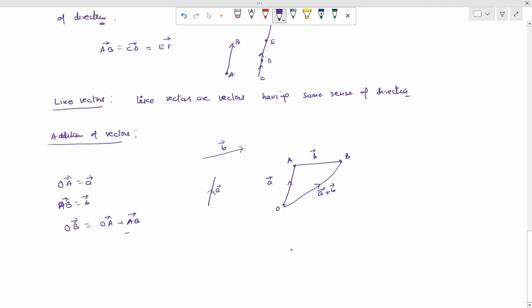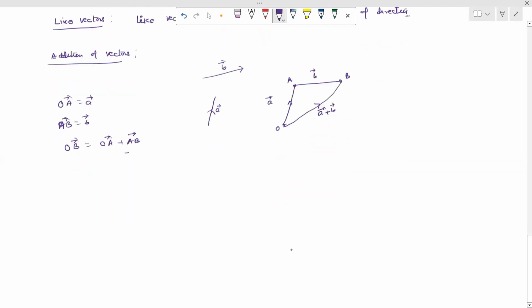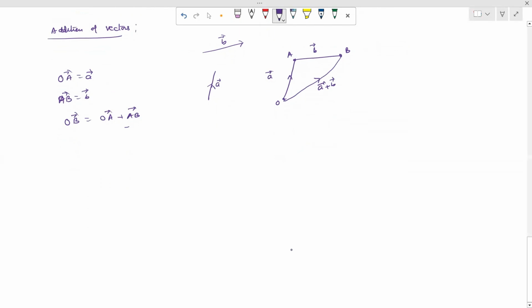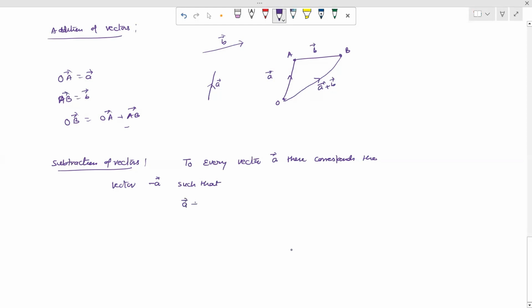So we define subtraction of vectors like this: to every vector A, there corresponds the vector minus A, such that vector A plus minus A is equal to 0 vector.